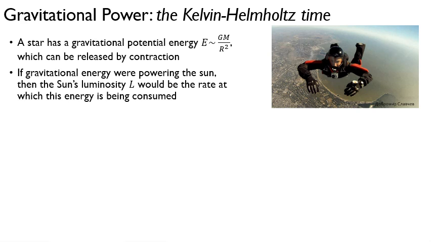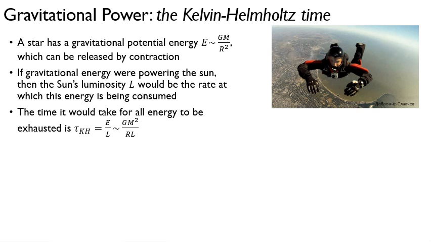If this gravitational energy powered our sun, then your sun's luminosity basically tells you the rate that energy is being consumed. So you can calculate how much time it would take to burn through all this energy. You have the total amount of energy in your star from gravitational binding energy, given by the equation up here approximately.